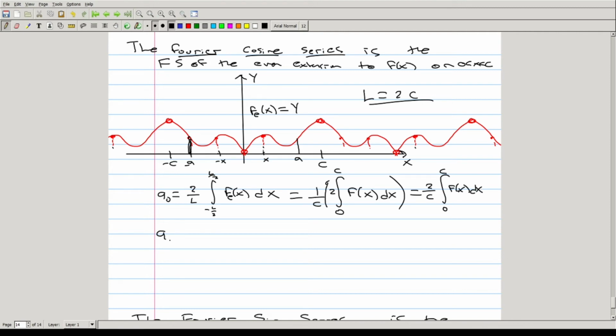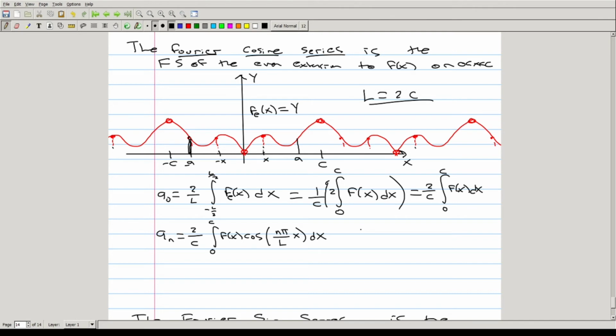Likewise, an will end up being 2 over c times the integral from 0 to c of f of x times cosine of n over L times pi times x.